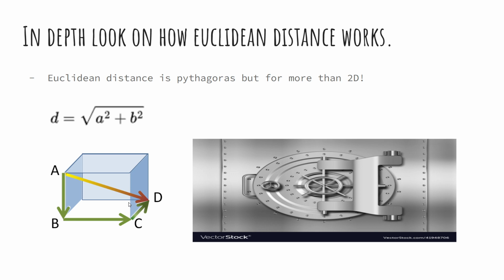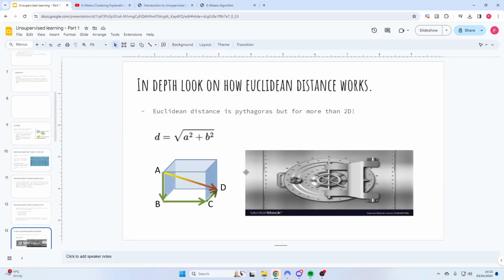And then we just do it again, now with a. So we've calculated this diagonal line, and now we do Pythagoras again with this vertical line. So that looks something like this.